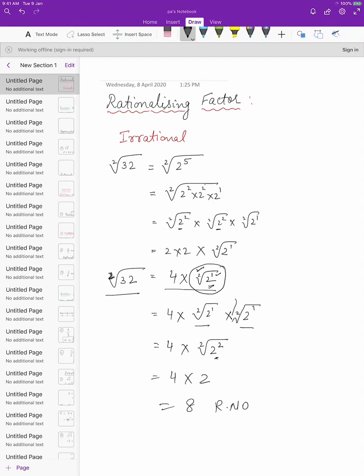So this was the number which made the given irrational number a rational number. Hence, under root 2 is the simplest rationalizing factor for square root of 32. Okay, I am saying simplest rationalizing factor.